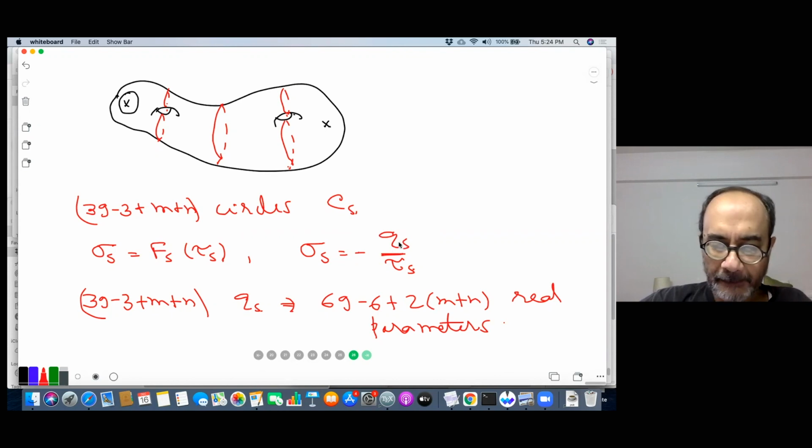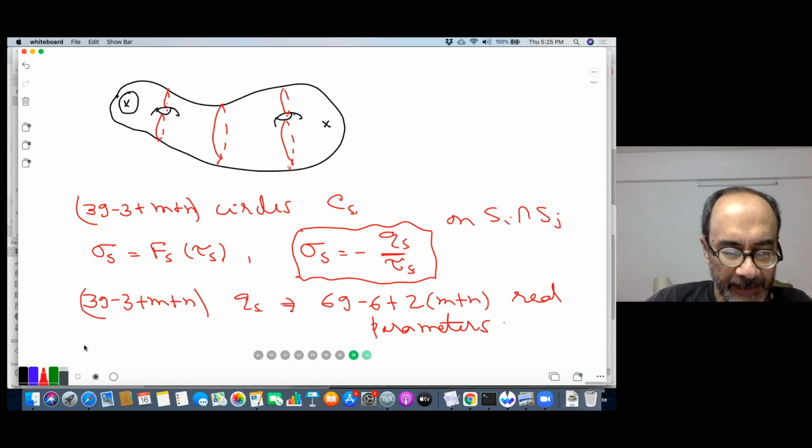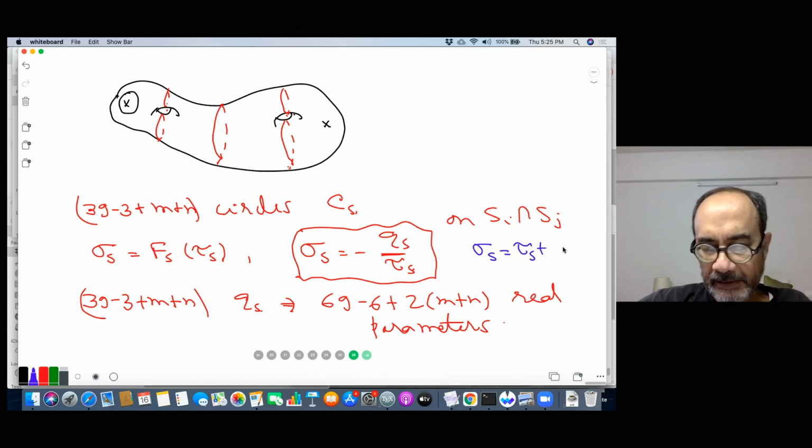I've just given you one, but you could, for example, use this, on the intersection of two spheres, something like sigma_s equal to tau_s plus a_s on the intersection, d_l. Again, a_s is two complex parameters or two real parameters.